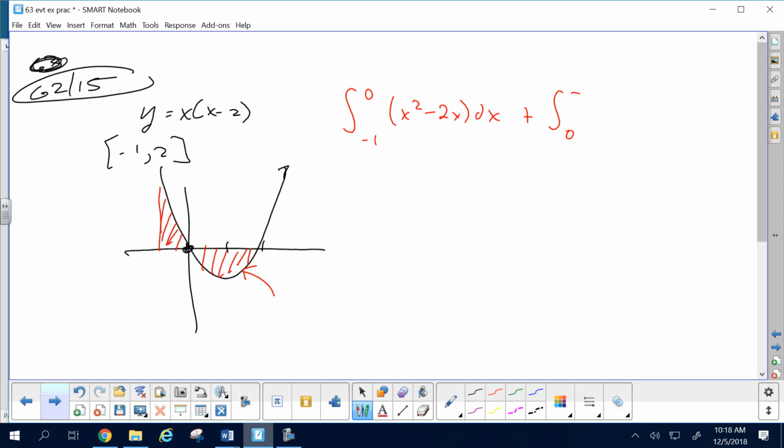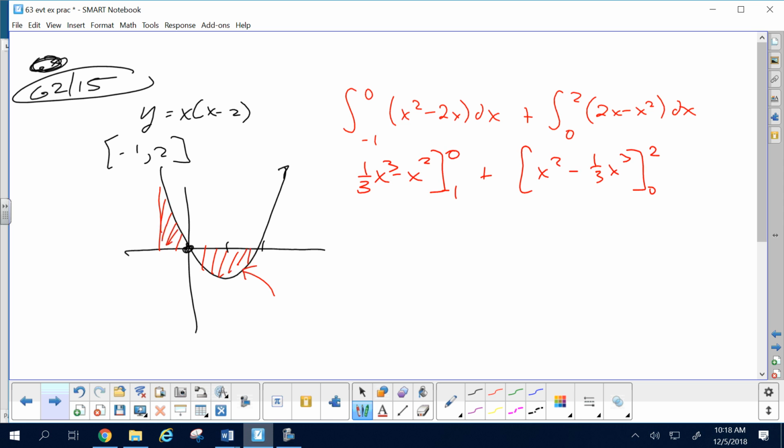I'm just going to negate inside, so the sign switches. After that, I should see the antiderivative, 1/3 x cubed minus x squared from -1 to 0, and x squared minus 1/3 x cubed from 0 to 2. And then I should see the fundamental theorem: 0 minus -1/3 minus 1, and 8 minus 8/3 minus 0. So 4/3 plus 8 minus 8/3.